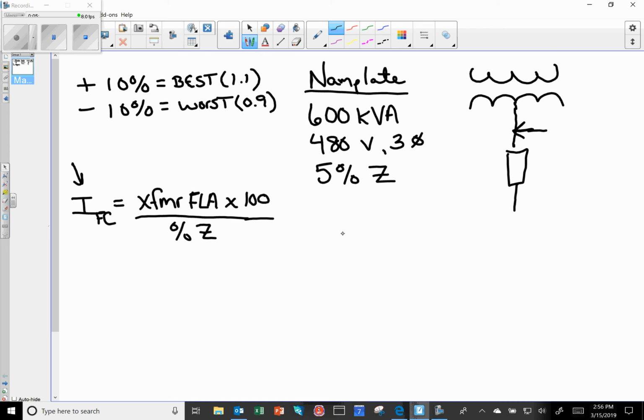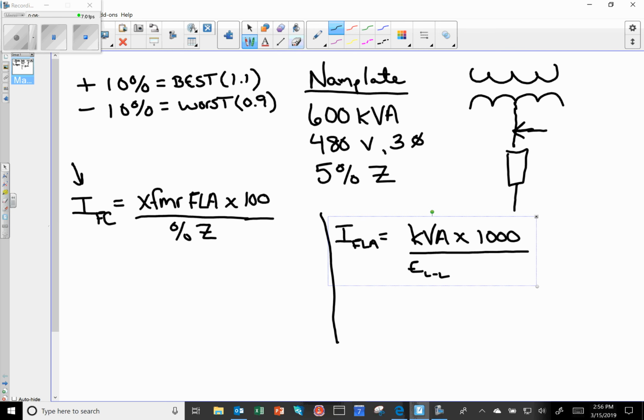So the equation for our full load amps: full load amps is equal to our kilovolt amps times 1000 divided by our voltage, that's going to be our line to line voltage, times 1.732.